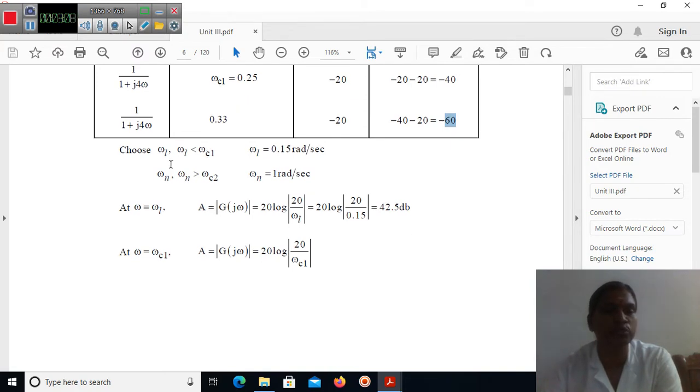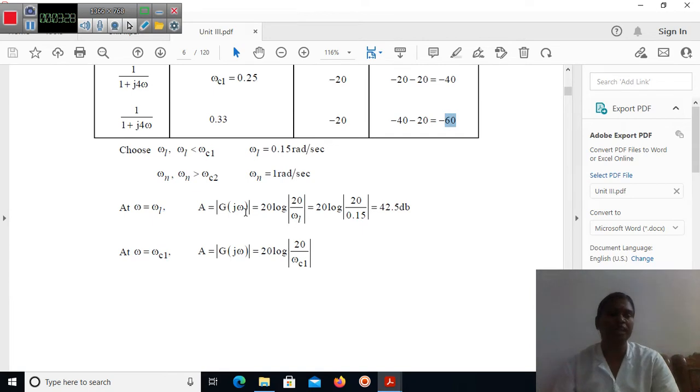Next we have to choose the omega L value and omega H value. Omega L should be lesser than omega C1, and omega H should be greater than omega C2.